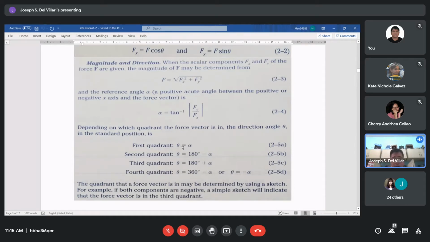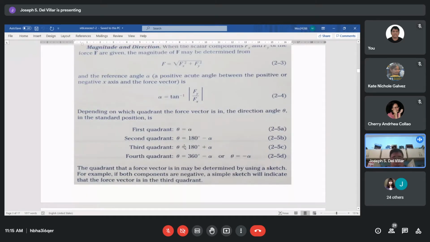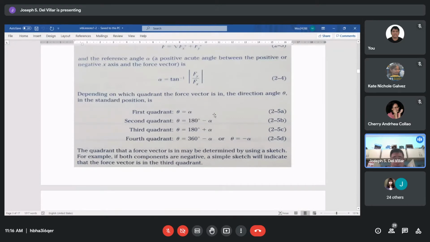The quadrantal angles the author used here are the standard angle starting from 0 degrees rotating counterclockwise, and you would use large angles. So when the force is in the second quadrant, you use more than 90 degrees, an obtuse angle: 91 degrees, 110 degrees, 120.